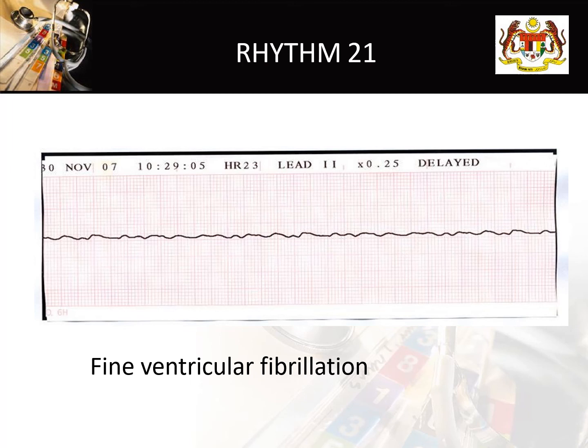Okay, this is another ECG of ventricular fibrillation, but this one is fine VF. If you see this type of ECG, you need to increase the size of the amplitude on the cardiac monitor so that you can confirm this is ventricular fibrillation.